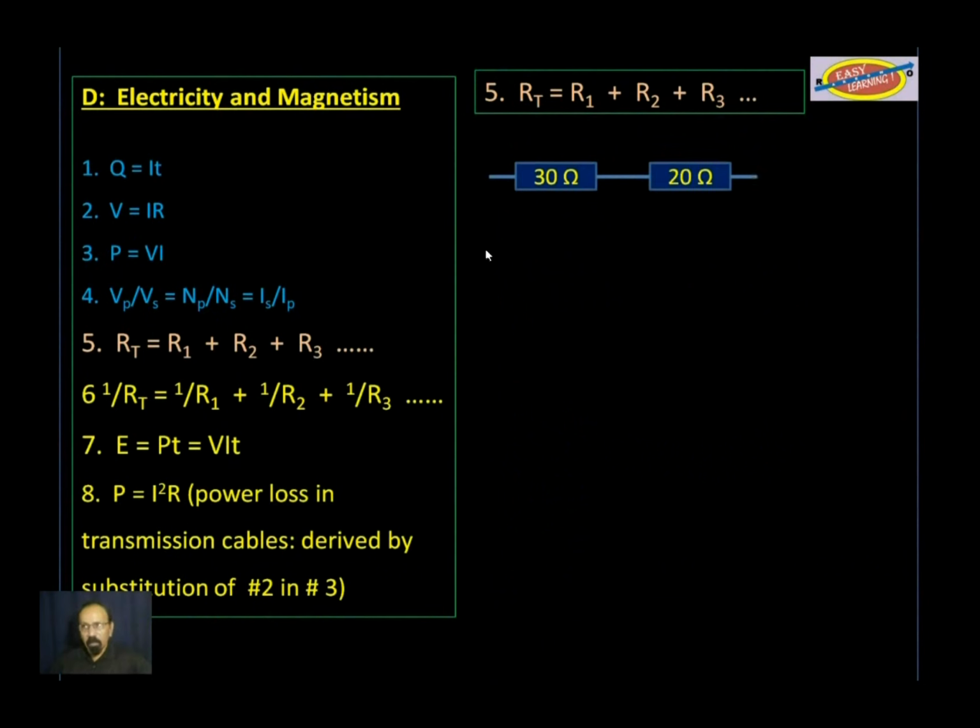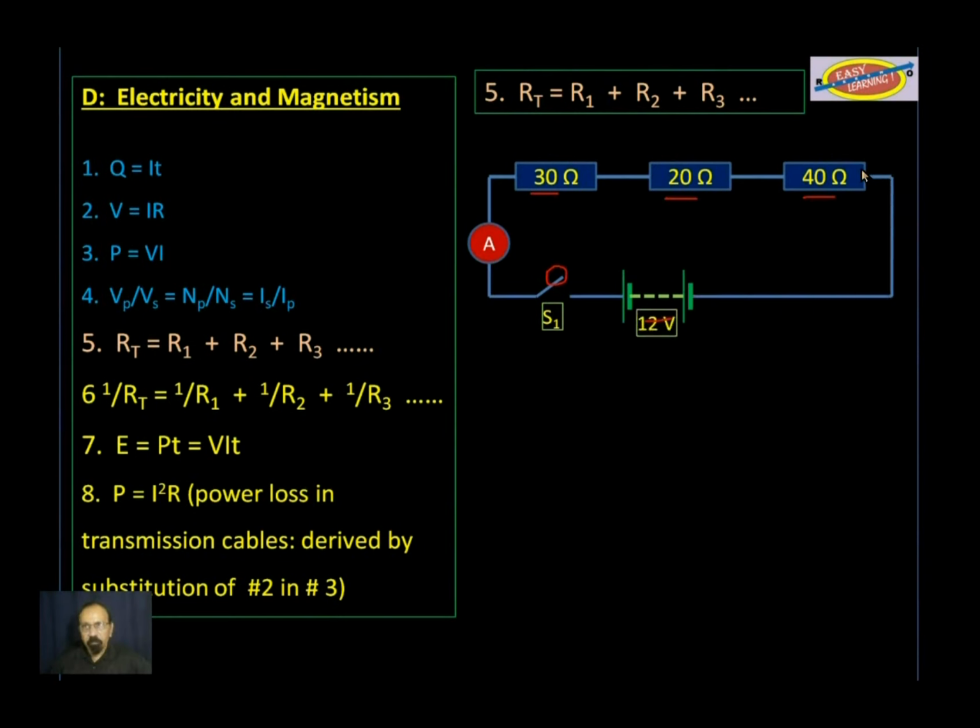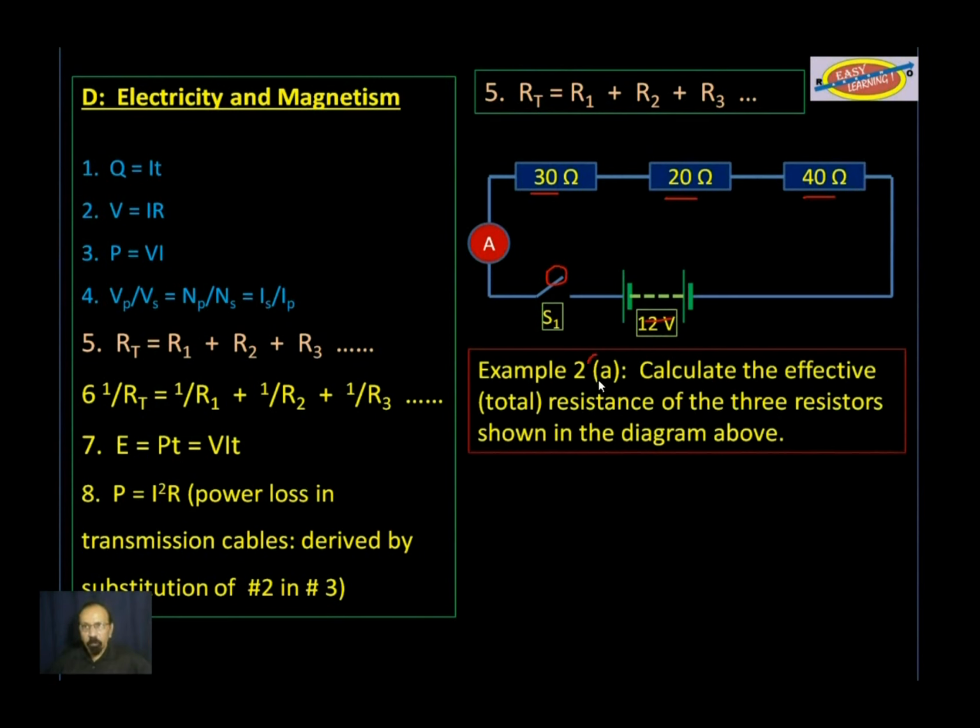If we look at another example, we have 30 ohms, 20 ohms, and 40 ohms in series. There is an ammeter here, switch, battery, 12 volt, and the rest of the circuit. Example 2, part A. Calculate the effective or total resistance of the 3 resistors shown in the diagram above. Well, we know R1 is 30 ohms, R2 is 20 ohms, R3 is 40 ohms.